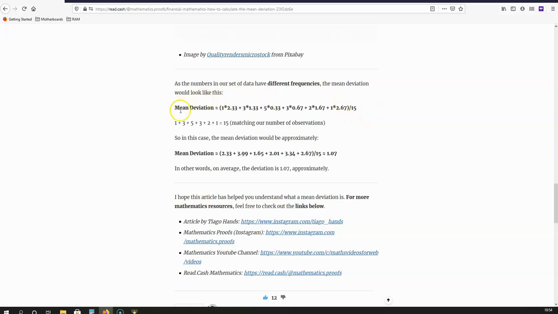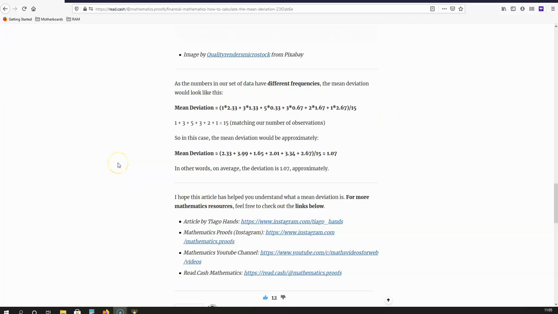Okay, this would be our mean deviation. We calculated the differences 2.33, 1.33, 0.33, 0.67, 1.67, and 2.67. We found how frequently each number in the set of data appears, and with that information we came up with this calculation over here, which is the mean deviation.